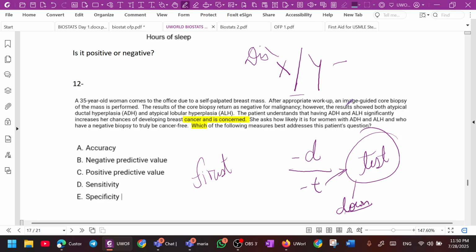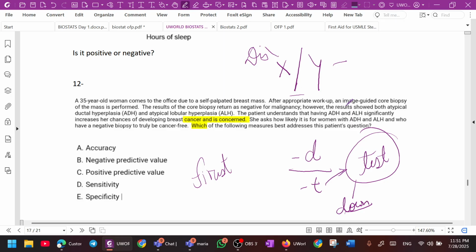So how did you come up with this being negative predictive value? Because if test is negative and disease is also negative, both negative, then it is negative predictive value, according to what you taught me yesterday. So then what would it be on this one?